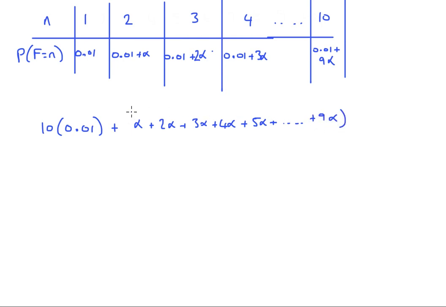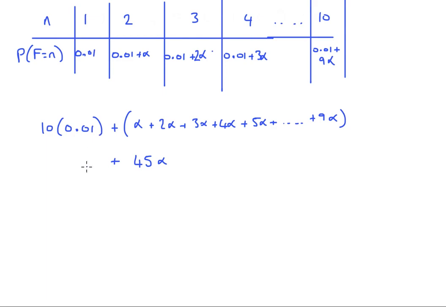So if we think about how many alphas we're going to have all together, they're the triangle numbers, or you can work it out on your calculator, but 1 add 2 add 3 add 4 add 5, add 6, add 7, add 8, add 9 will come to 45. You can check that if you want. So we've got 45 alphas there.